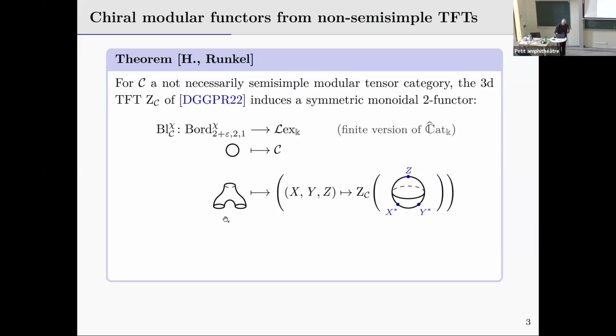Essentially the idea is that here we have a bordism from two circles to one circle. For every boundary component, we choose an object in our category. And then we send this tuple of objects into the TFT state space, where instead of boundaries we now have the correct objects inserted. And if you think about this as representations of the VOA, then that's very similar to what we saw in a few different talks.